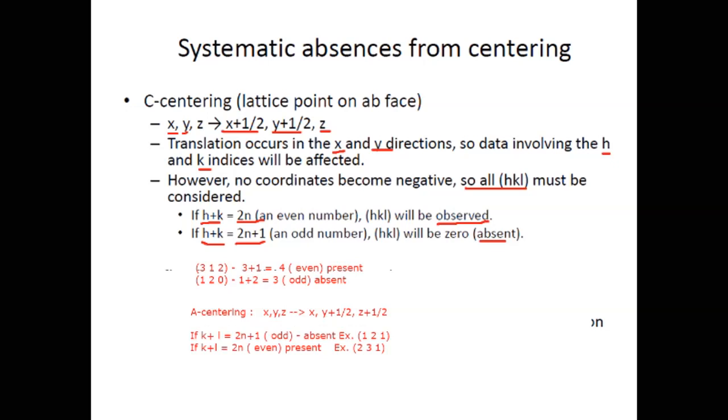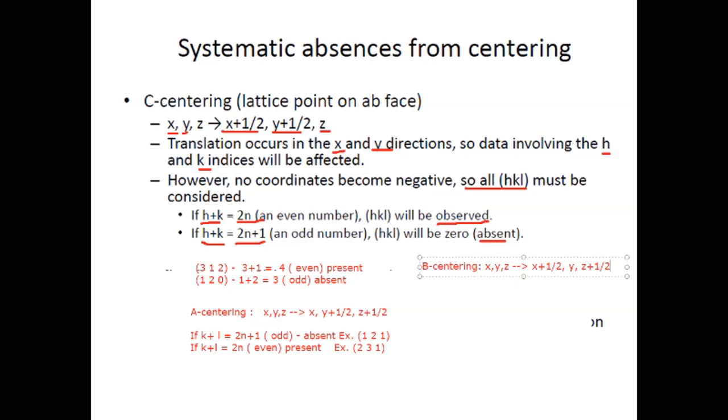And then we'll just look at B centering. So in B centering, we have X, Y, Z. We get X plus a half, Y, Z plus a half.